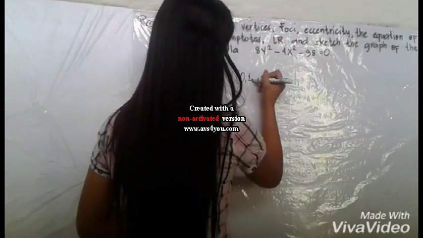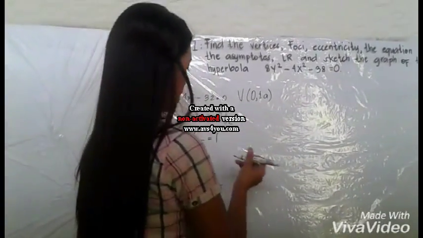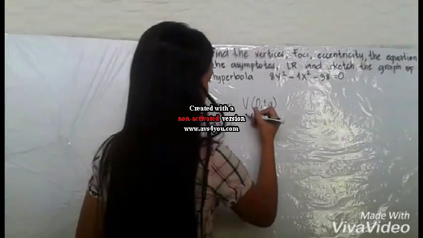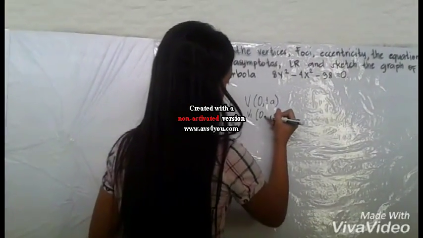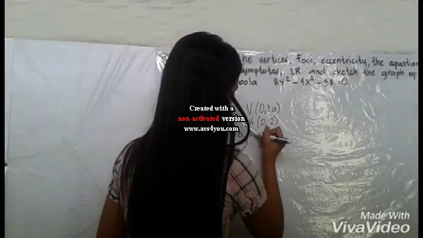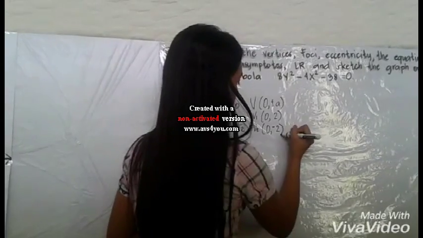To find our vertices, we have 0 and positive negative a, and the value of our a is positive negative 2. So we have our vertex 1, 0 and positive 2, and our vertex 2, 0 and negative 2.